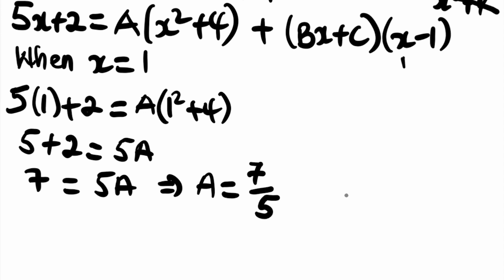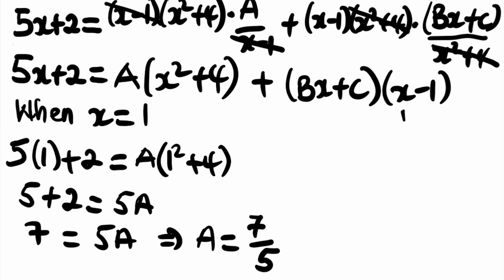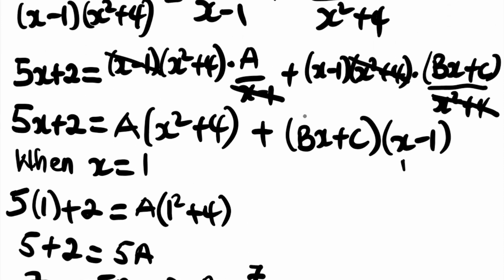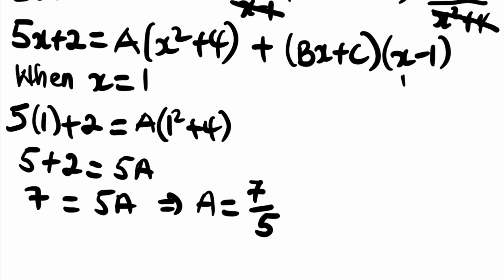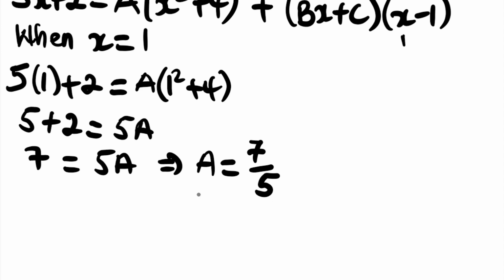Now I know the value for A. The next thing is to go back to this equation and see what we can do. Let me expand this to see something.